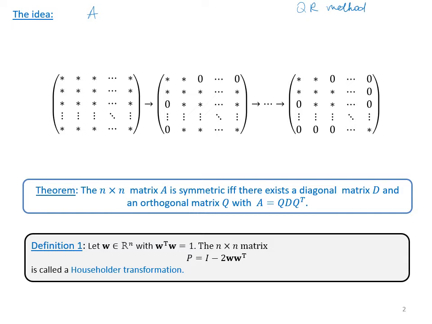So, let's say we have a matrix A, n by n, which is symmetric, and we apply a sequence of householder reflections or householder transformations in order to convert our original matrix A into a tridiagonal matrix as a result of n-2 transformations.